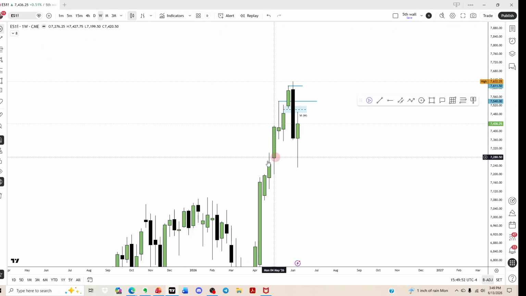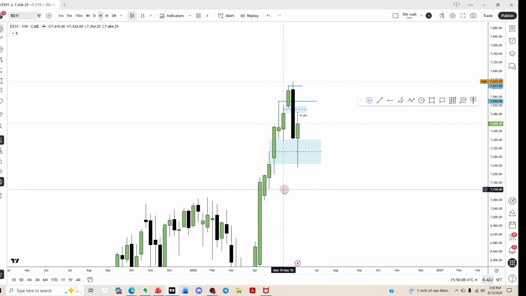Okay, and what else do we have? We have a volume imbalance here as well, and we have a bullish fair value gap. We can either highlight like this or highlight the whole thing.